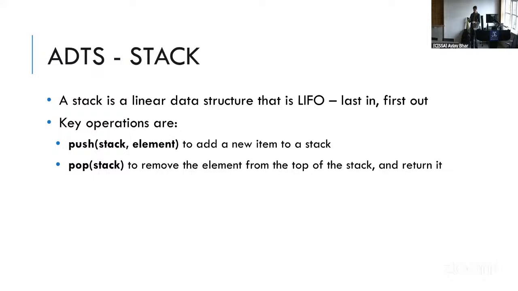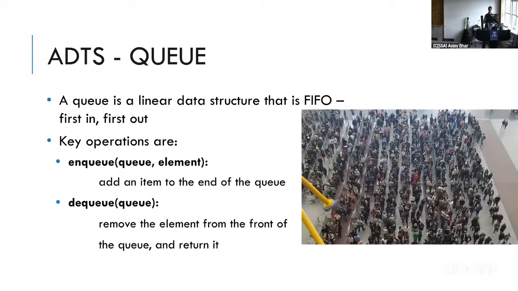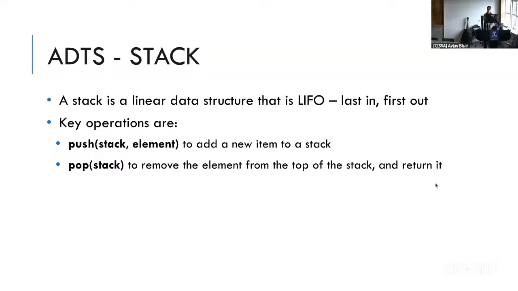Whilst a queue flows through, and people online might not be able to see as well, but essentially, as the name implies, it's a queue where if you're first in, you're the first out, whilst with a stack, you just stack them up on top and take the top one out.